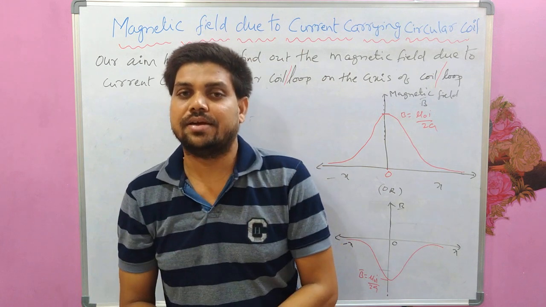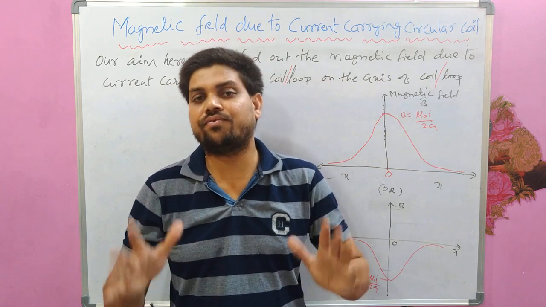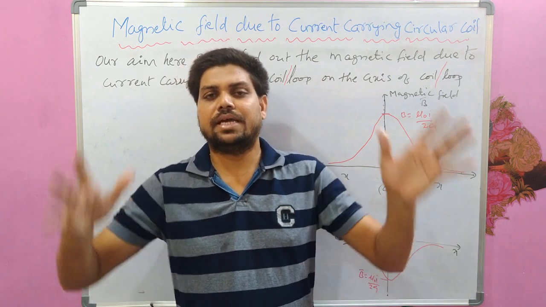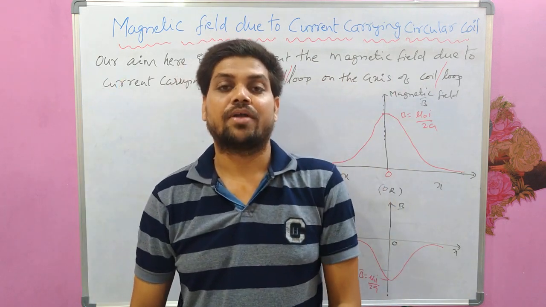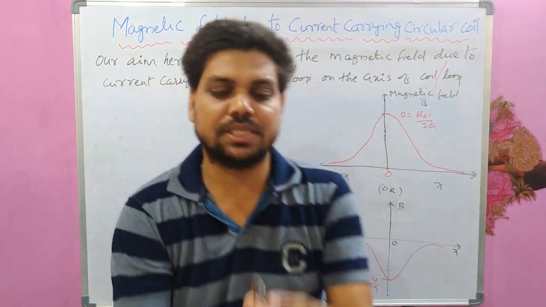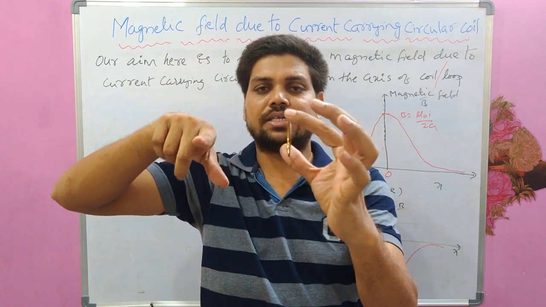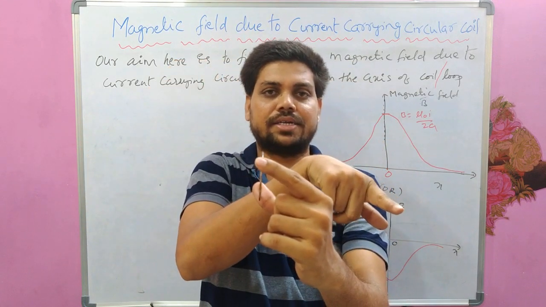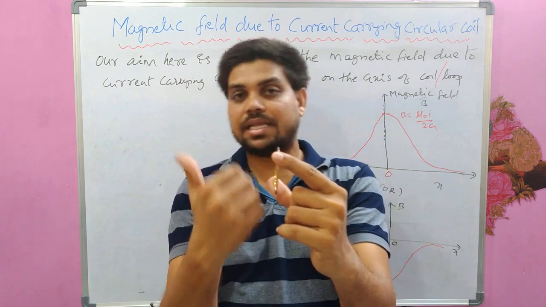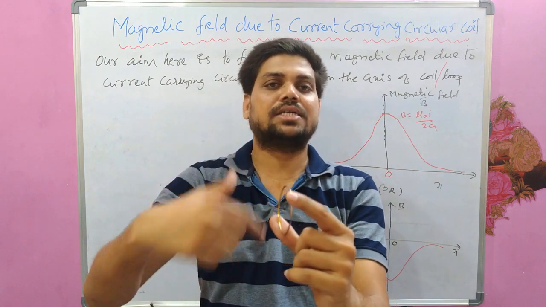And finally, we have seen the most important point: the magnetic field direction will be the same on either side of the current carrying coil. If this is the coil, on this side and on this side the magnetic field direction will be the same, either this way or this way, depending on the direction of the current.